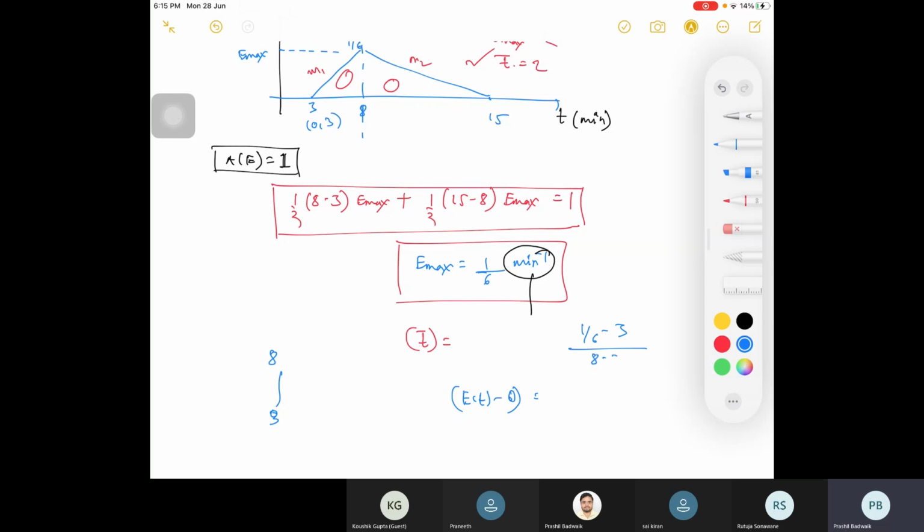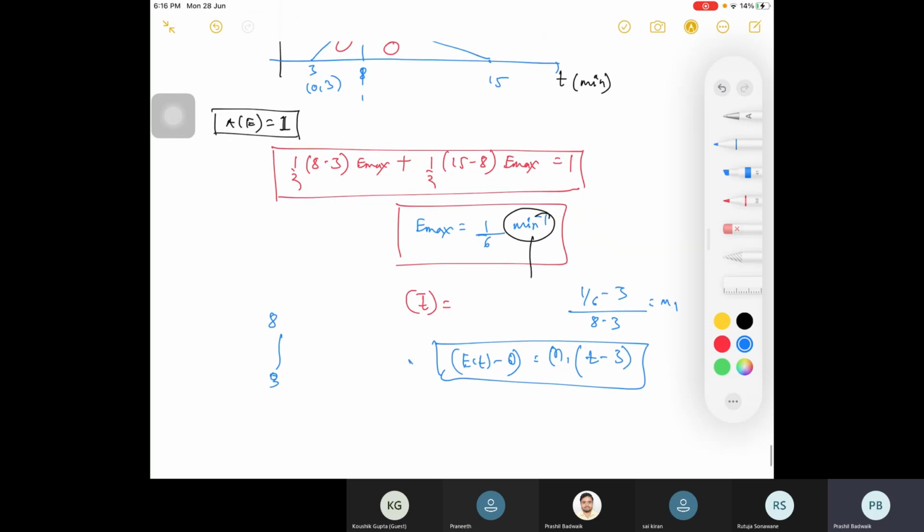Change in x is your 8 minus 3. This is your M1 slope. I'm writing M1 and this is your t minus 3. I hope you are getting this. First curve.